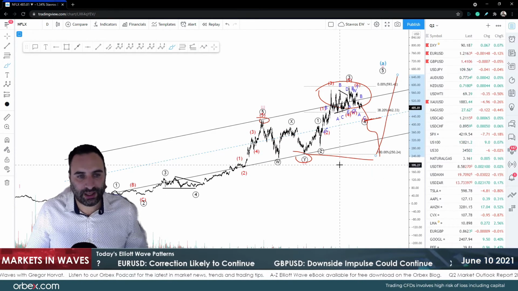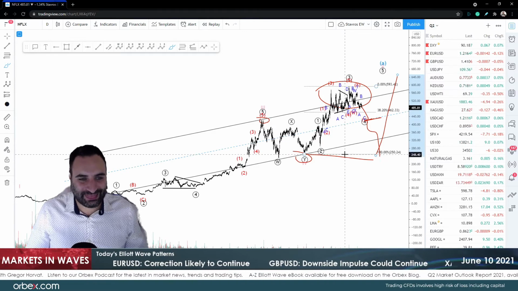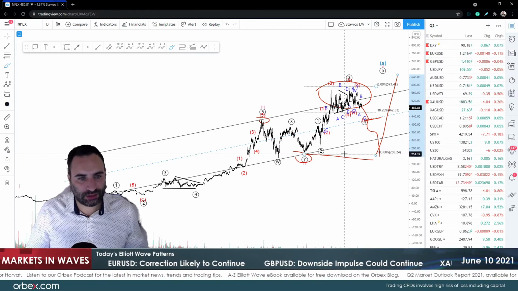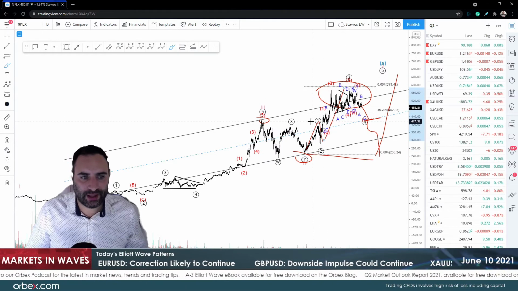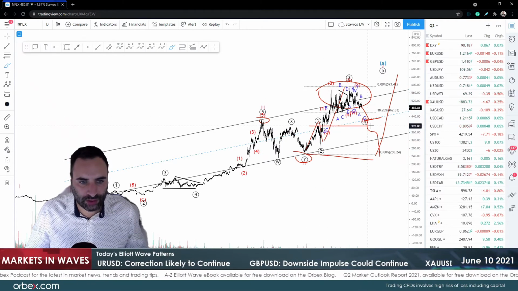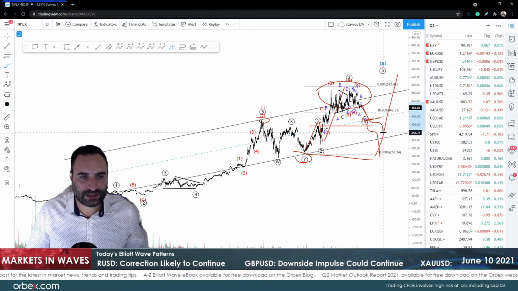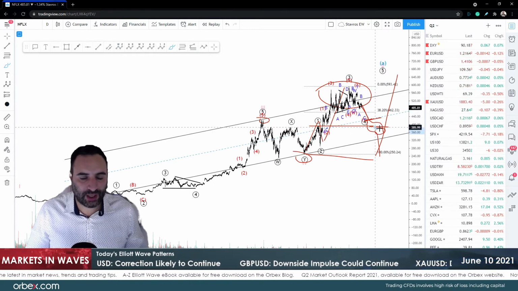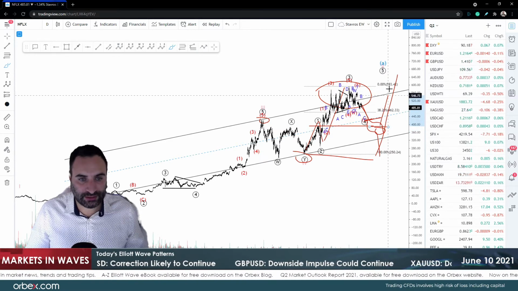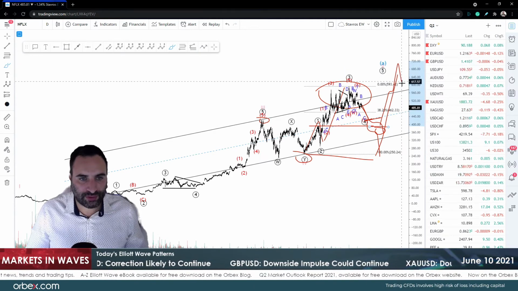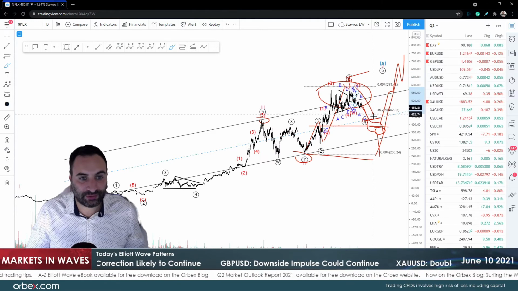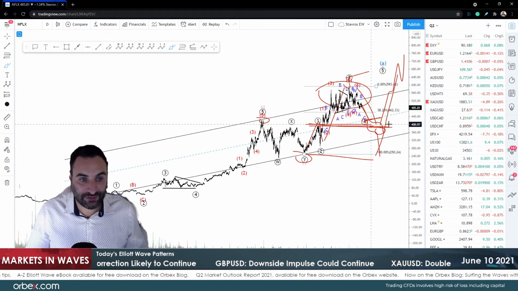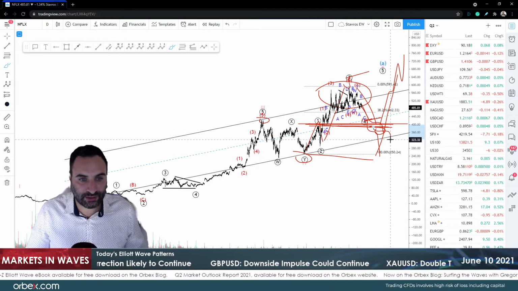However, that is going to be a case where, the moment we cross below 392, that is likely to become two scenarios: either an ending diagonal, so we're going to continue up for 3, 4, and 5, or it means that 5 ended up here and we've reversed if we cross below that level, okay?